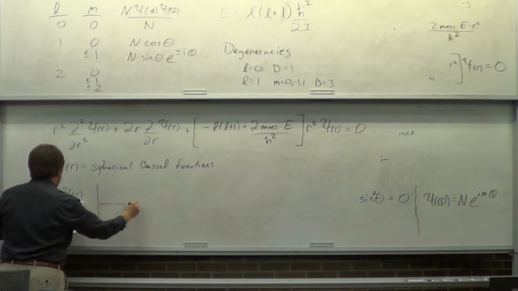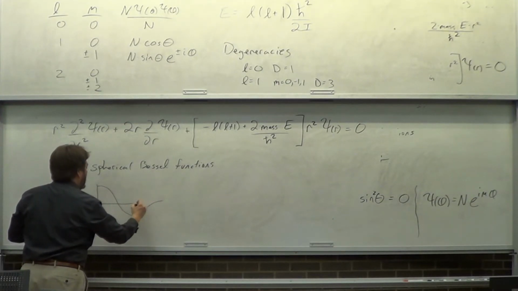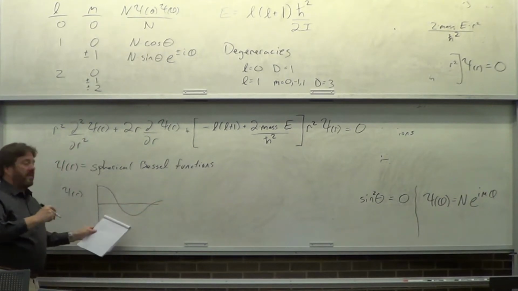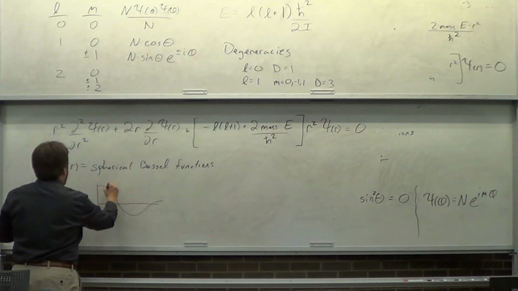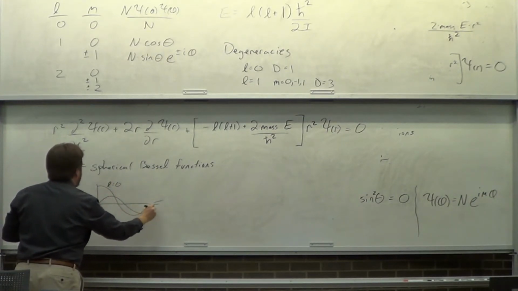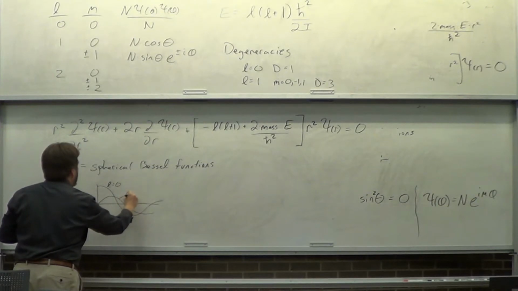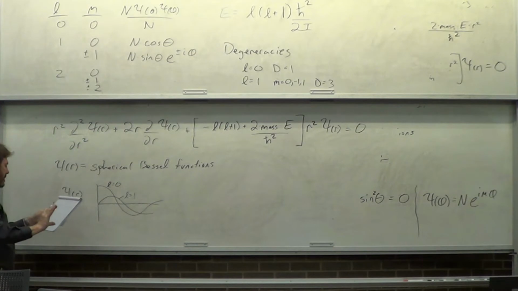You really want to use those on a computer. They look almost the same. You'd have to plot the spherical Bessel versus the Bessel functions to see the differences. This is L equals 0. The differences between particle in a sphere and particle in a circle are incredibly trivial.